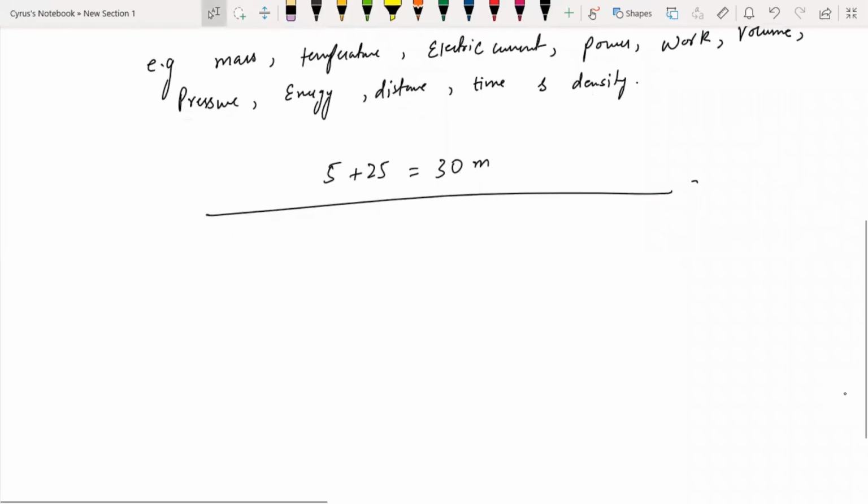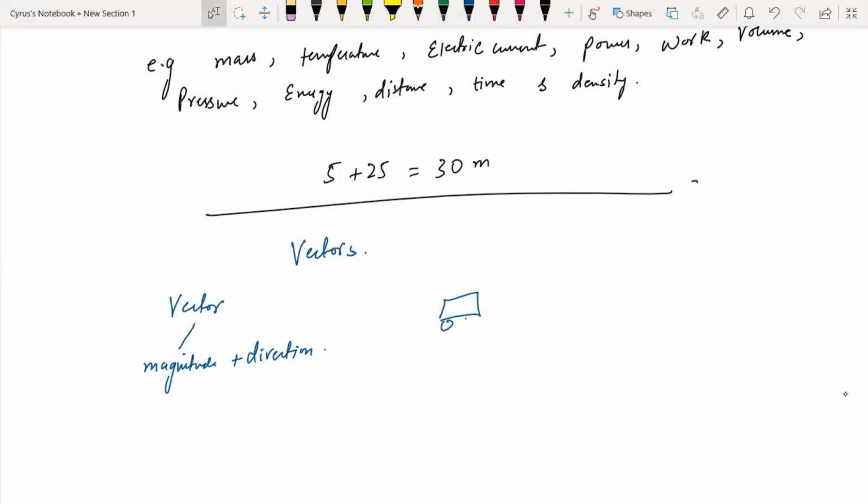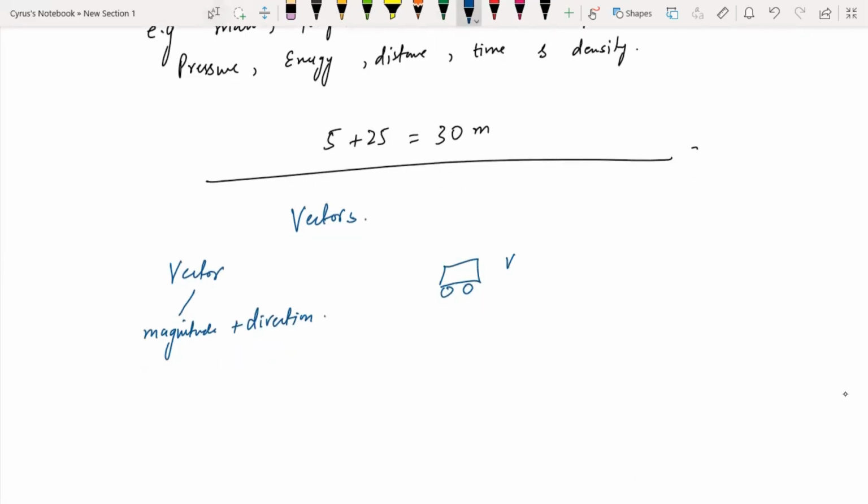As far as vectors are concerned, they are a bit different. Now, what are vectors? You should know that a vector quantity has, number one, magnitude, and number two, direction. For example, we have a car moving towards the right at a speed of 80 meters per second.